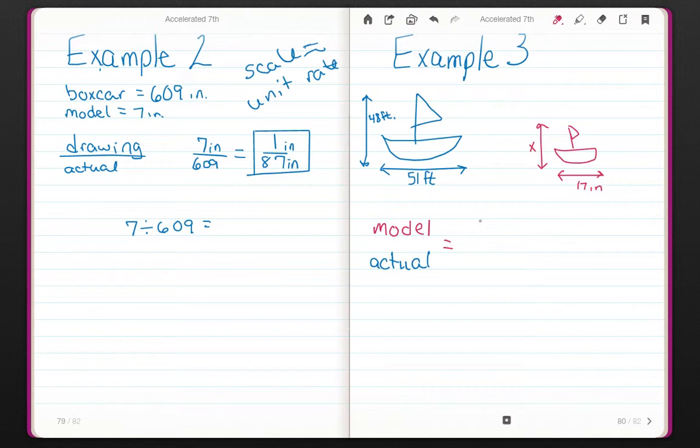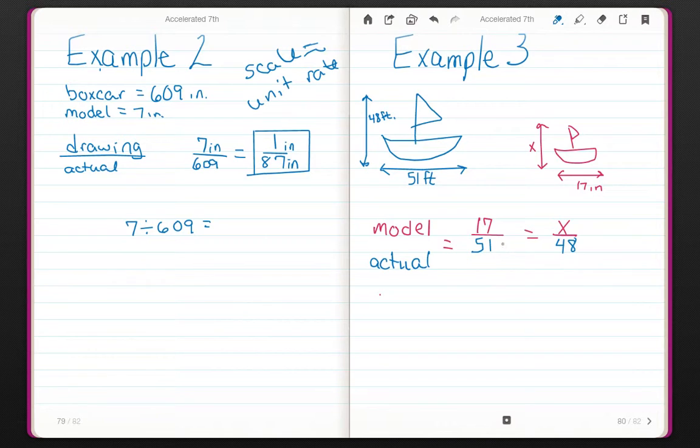So my model boat is 17 inches wide and some height. I don't know what it is. My actual boat is 51 feet wide and 48 feet tall.